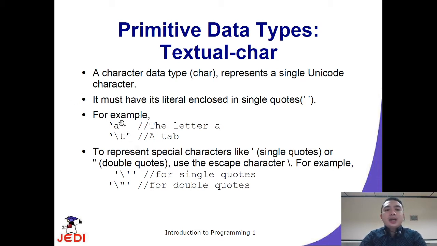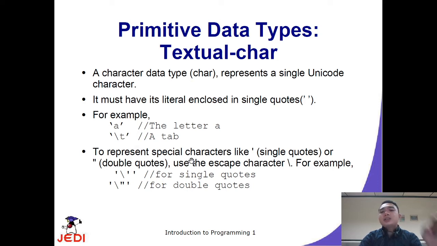This is an example of a char literal. This is the letter A, and then the special character, which is tab, \t. Let's try later when we do NetBeans if we can do \t, because there are versions in NetBeans that do not read \t or tab space.